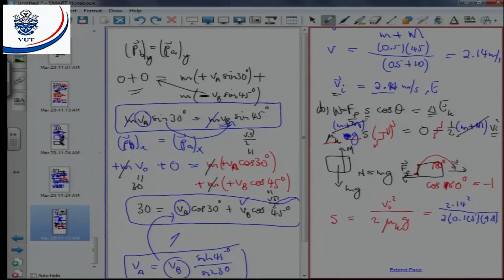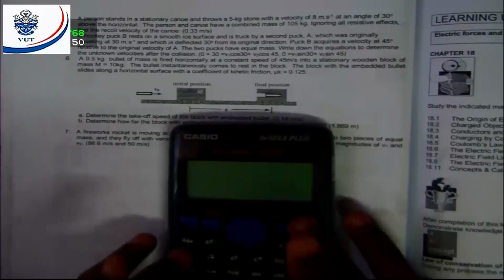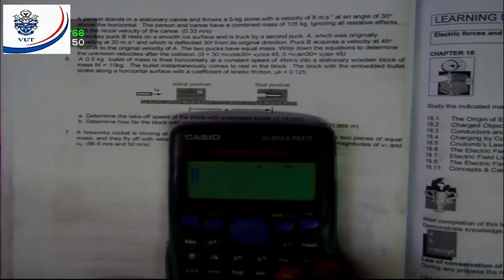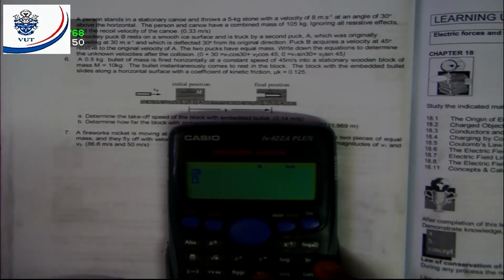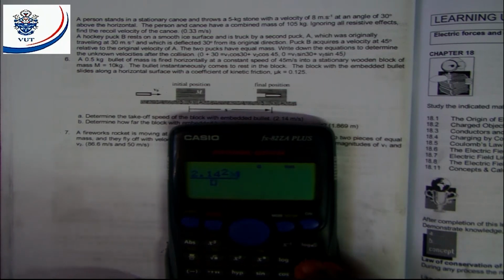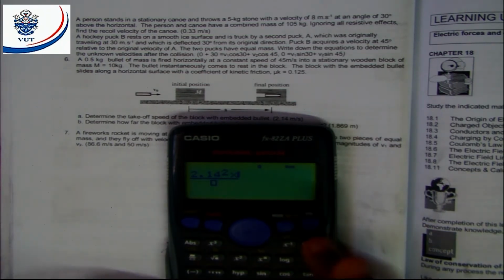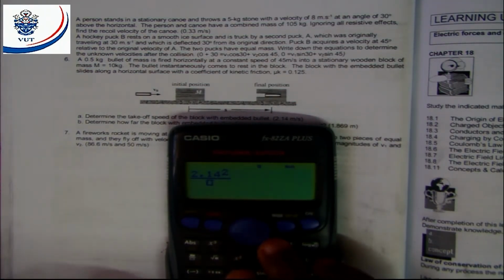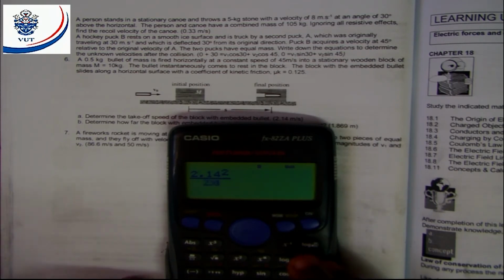Plugging these in, what do we find? We've got 2.14 squared, and at the bottom we have 2 times 0.125 multiplied by 9.8.